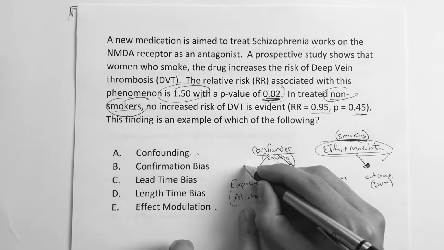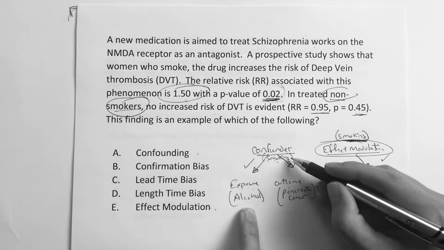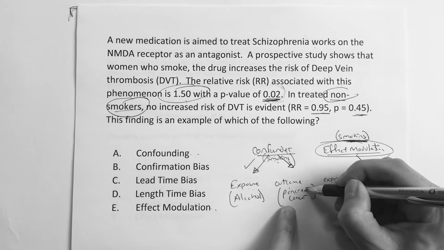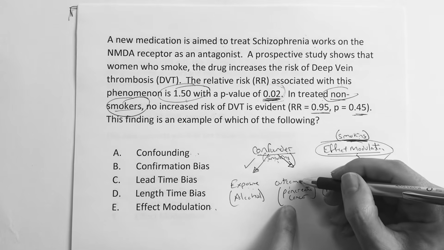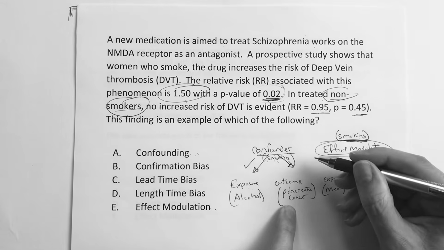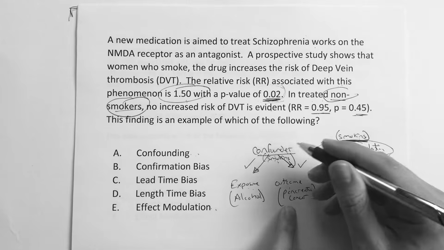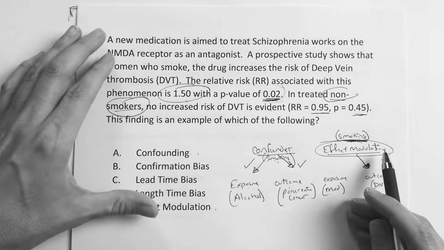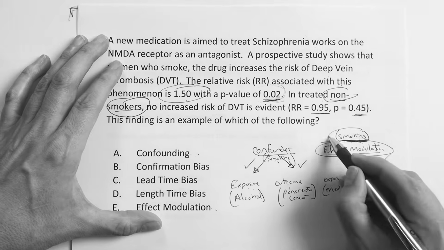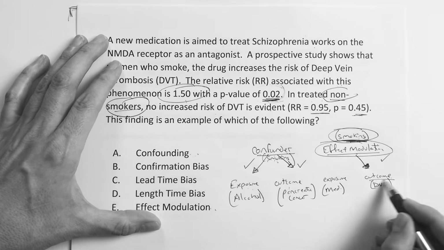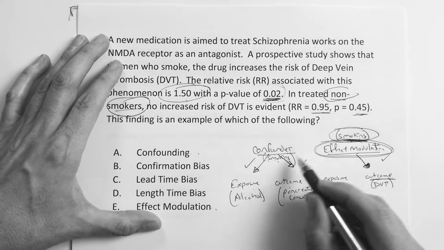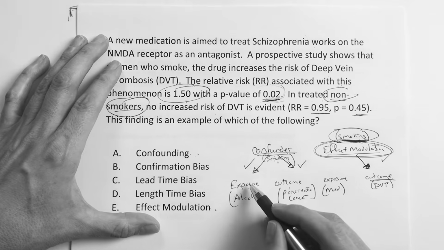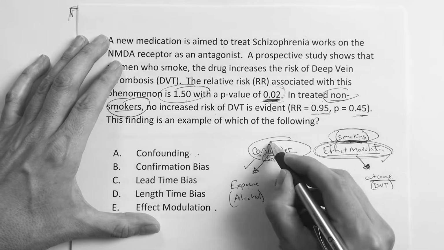So smoking does affect alcohol, check. So that's the exposure. And does smoking also affect pancreatic cancer, or is there a higher association with that? You're going to say yes, it is, because it'll be in the question, or it's even known. So if it affects just the outcome, you go with effect modulation. If it affects both the exposure and the outcome, you go with confounding.